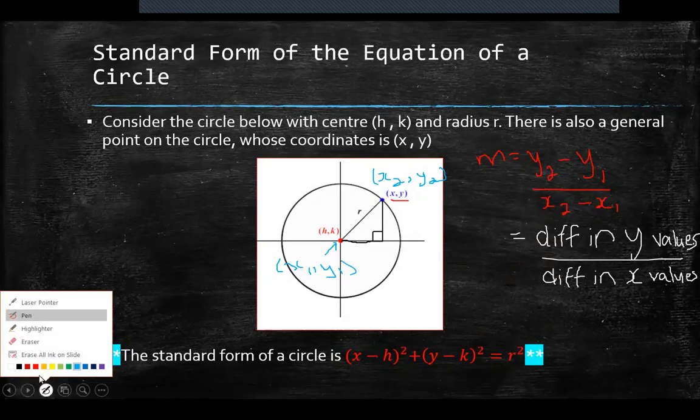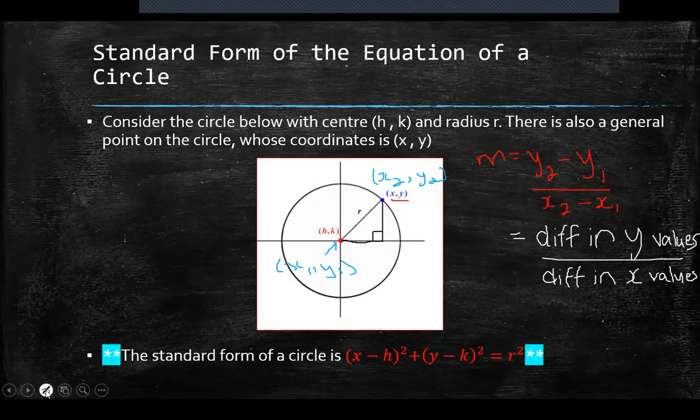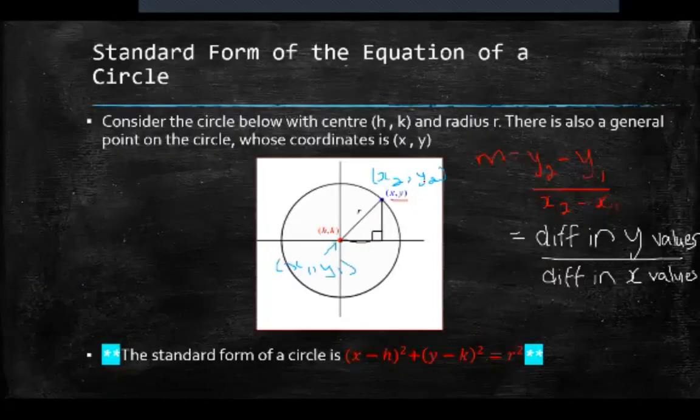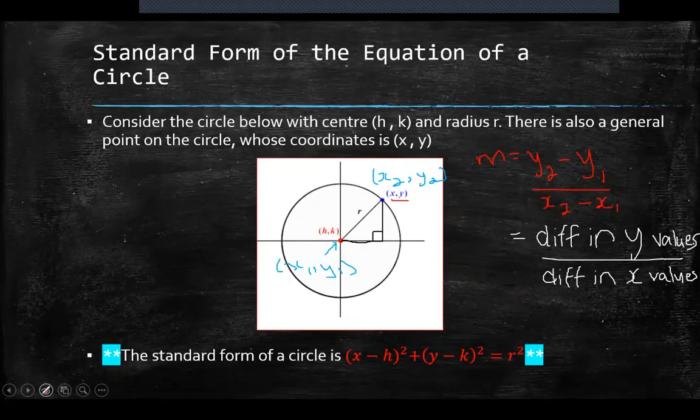If you don't understand what you're writing, let me know. So this vertical line here would represent the difference in my y values. Difference in my y values means y2 minus y1.